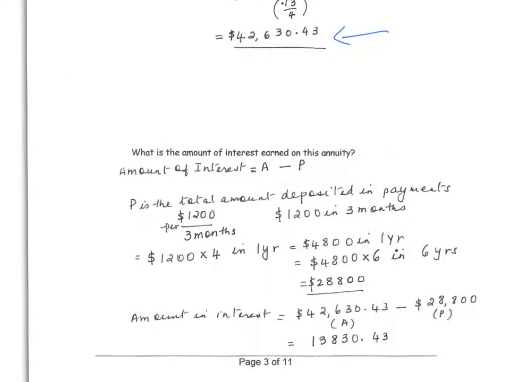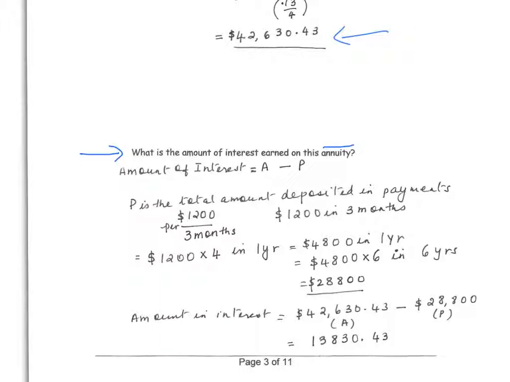So the first part of the question was to find the accumulated amount given all the information. Now, the second part of the question is about figuring out the amount of money that was earned in the form of interest in this particular investment, which is also called an annuity.